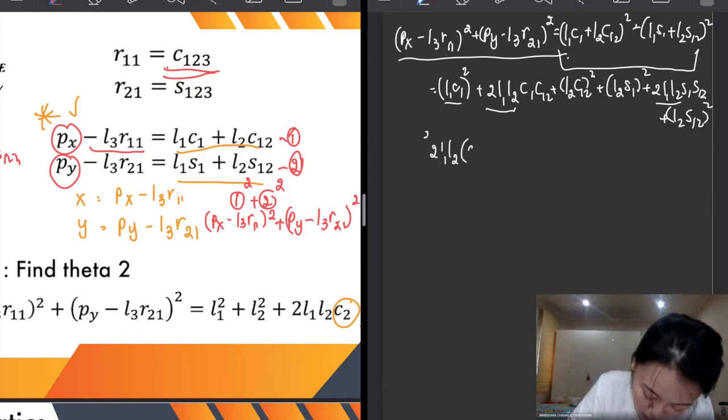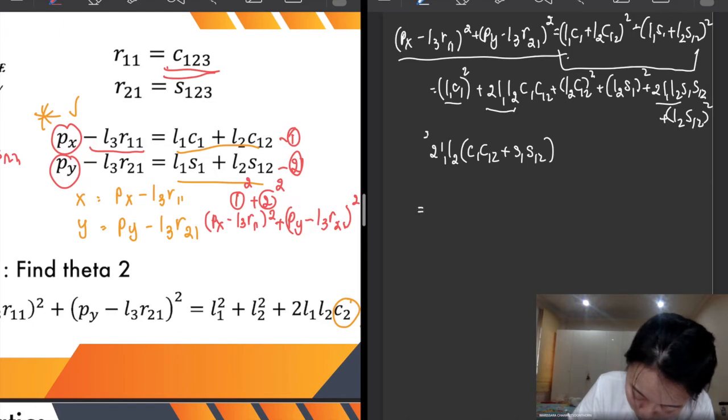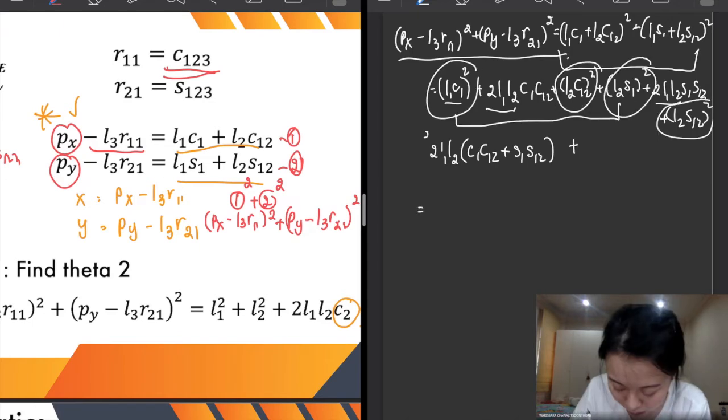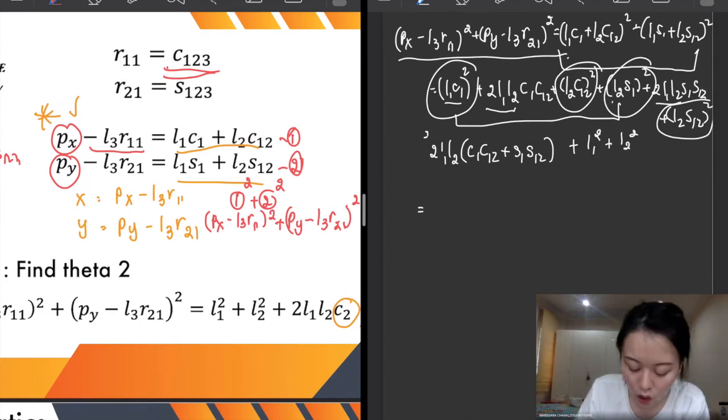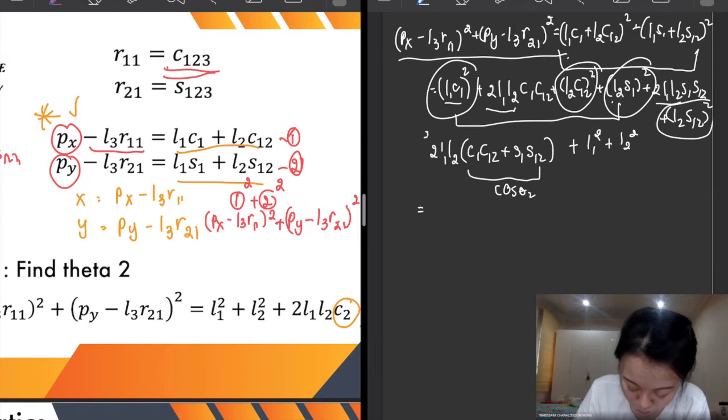So we get 2 L1 L2 (C1 C12 plus S1 S12). Summed together, we get cos theta 1 squared plus sin theta 1 squared equal to 1. And next we will solve this to be equal to cos theta 2.